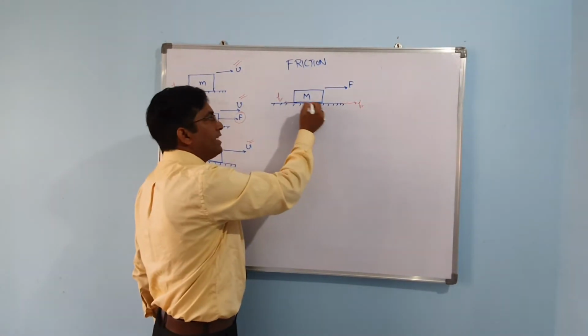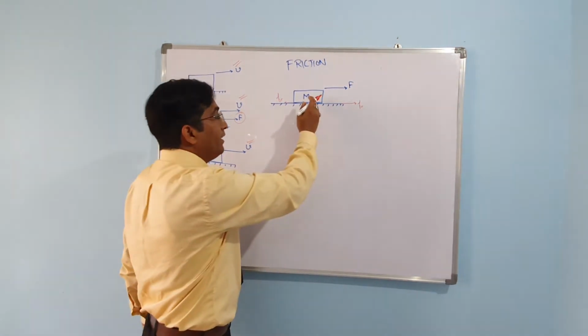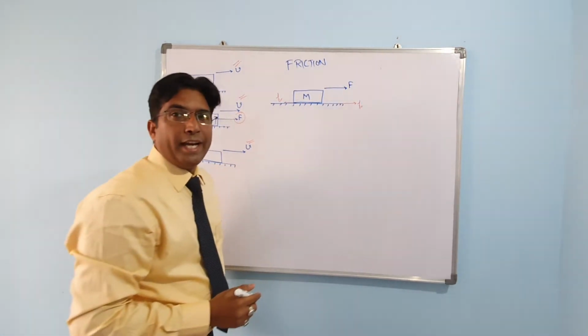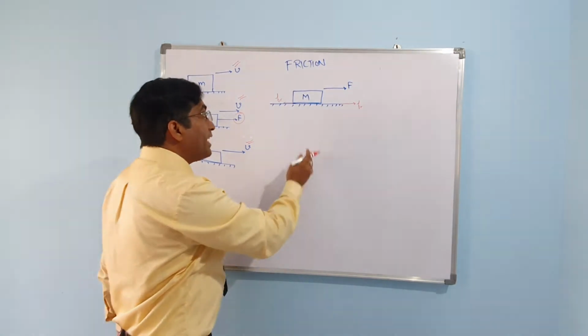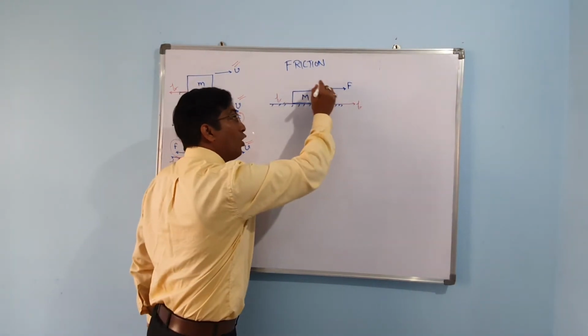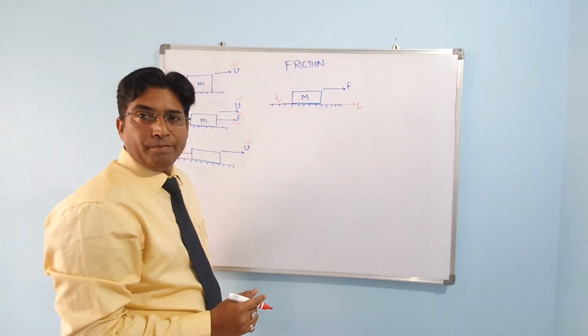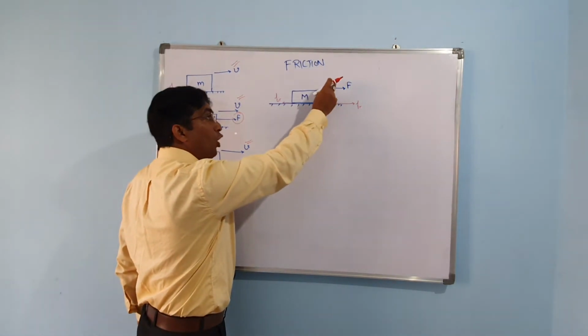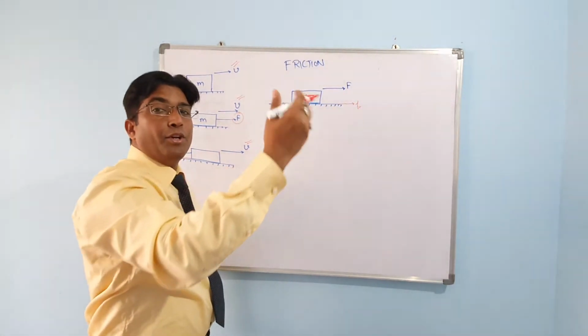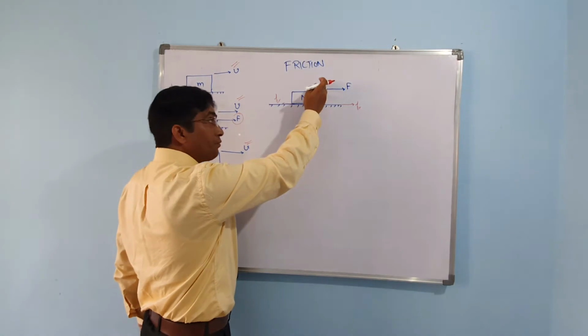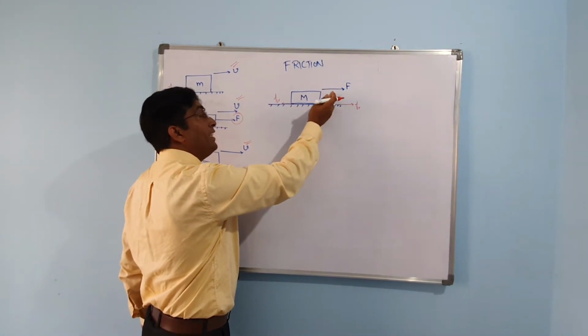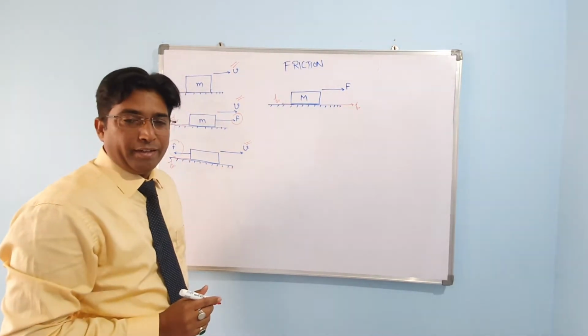Whereas if the block is initially at rest and there is a force F being applied over it, then there is a tendency of motion to the right. Because there is only a tendency of motion, there may not be any motion. So friction in this case will be in the opposite direction to the applied force.